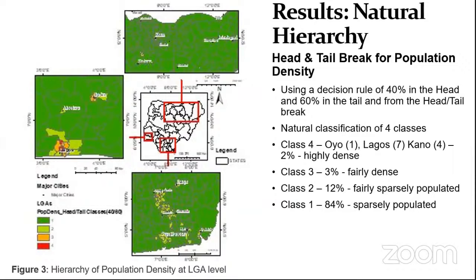So that also shows that 2 classification does not do it. If we want to move to equitable development and more balanced development, we have to look at natural classification, not just the dichotomous classification that we often use of rural and urban.